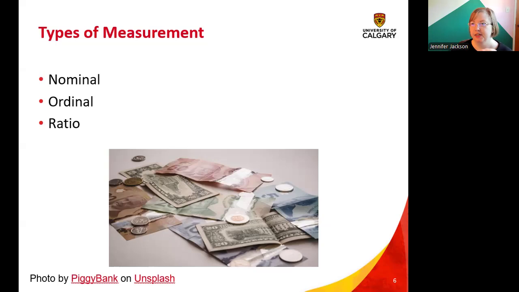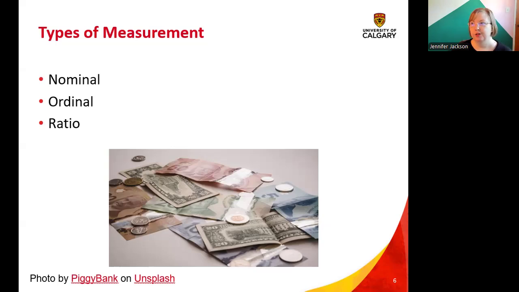Well, the difference between 0 and 50 and 50 and 75 is not equal. But that type of measurement might be helpful because maybe your cutoff is the poverty line. So what you're asking somebody is, are you below the poverty line? Are you just above the poverty line, way above the poverty line, that kind of thing.